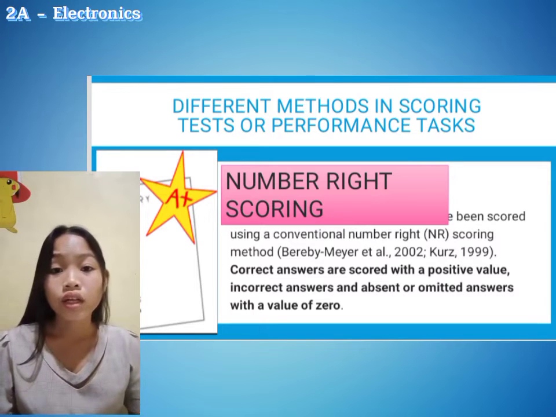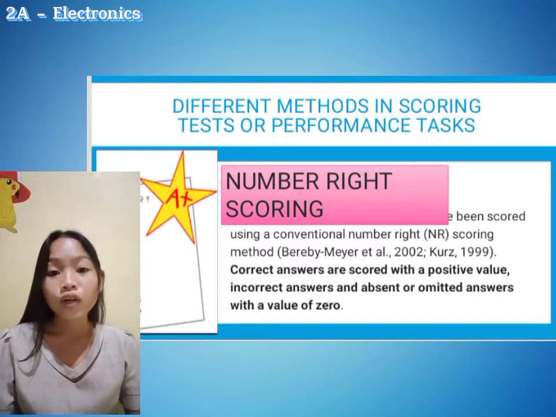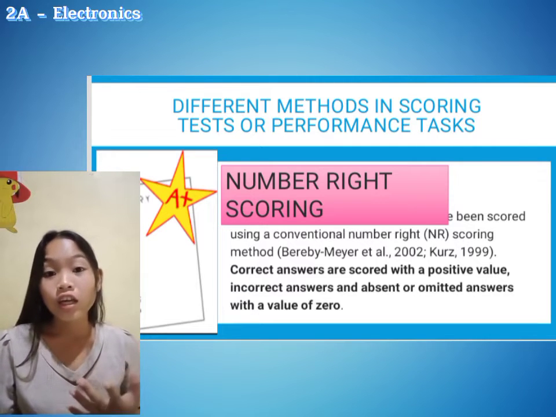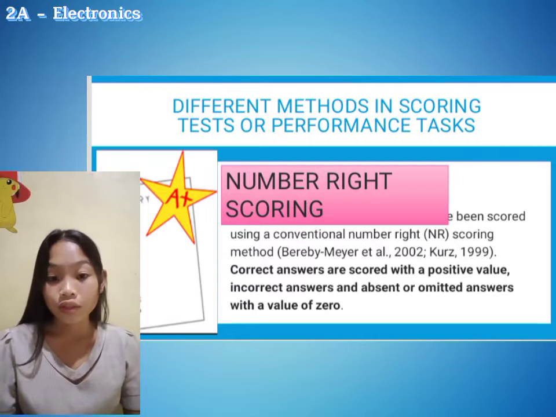Correct answers are scored with a positive value. Incorrect answers and absent or omitted answers are given a value of 0. This means assigning positive values only to correct answers while giving a 0 score to incorrect answers. Therefore, the test score is the sum of the correct answers.